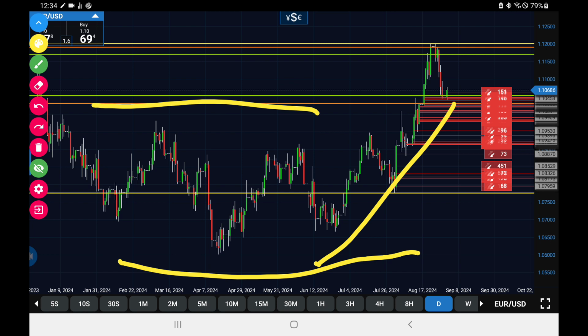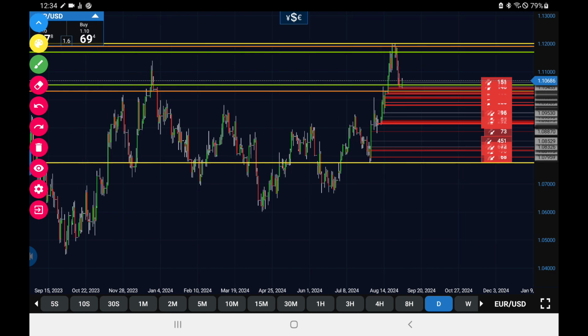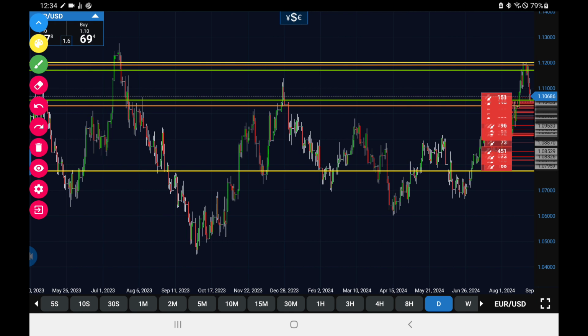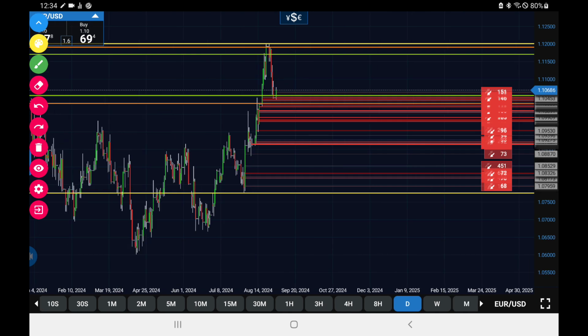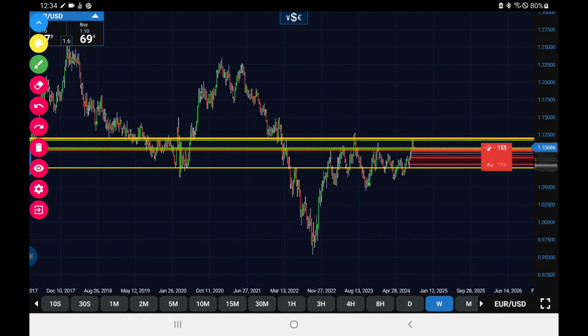Because the one thing you need to be careful of is information overload. The more you go back, the worse it gets. For example, if we go to the weekly chart, this looks like a disaster. Where to even begin with this?